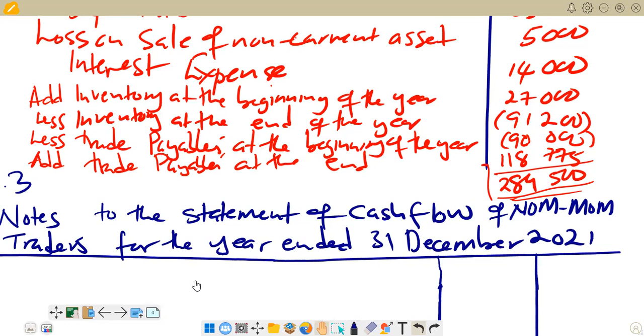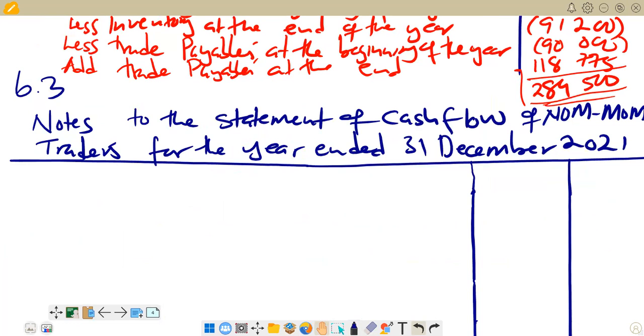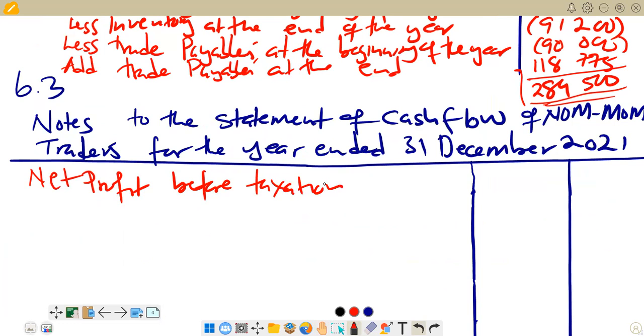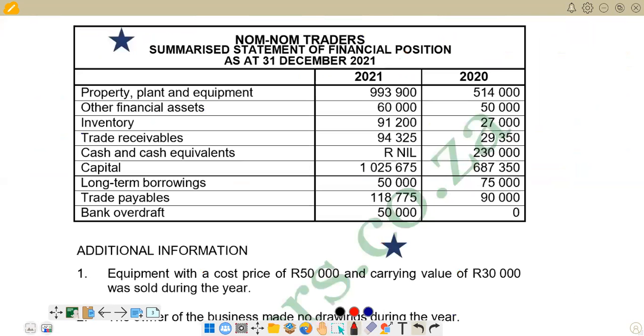So remember, the figure that we are starting with here is the figure for net profit before taxation. This figure is given in the question, so you can go back to check the figure.